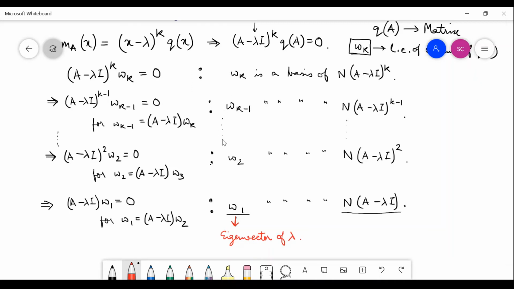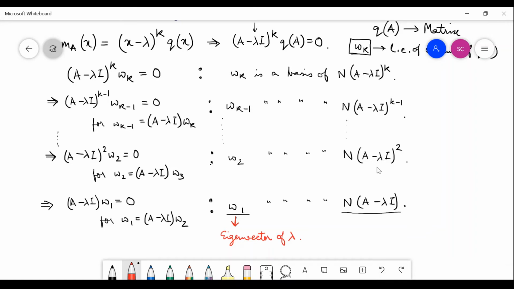And then what you get is k independent eigenvectors. Previously the problem was that I was getting only one eigenvector, but now I can get k independent vectors, which almost give a feeling that they are like eigenvectors, though the spaces are different. The space is not A minus lambda I anymore, but A minus lambda I square and so on, up to A minus lambda I to the k.